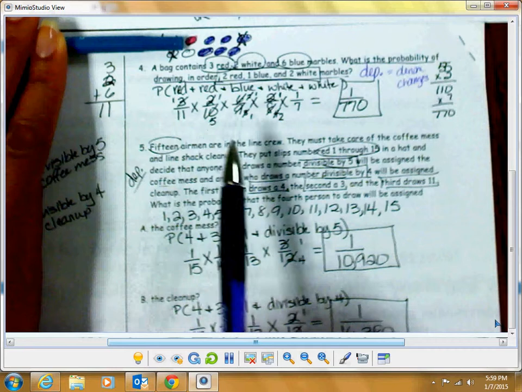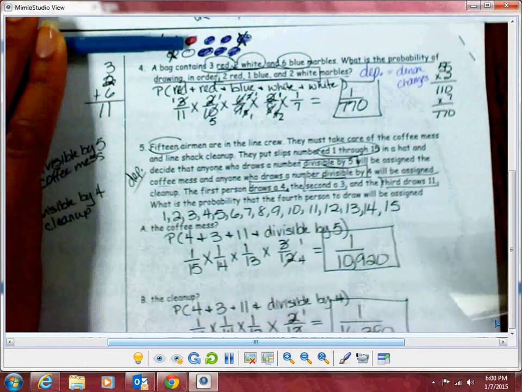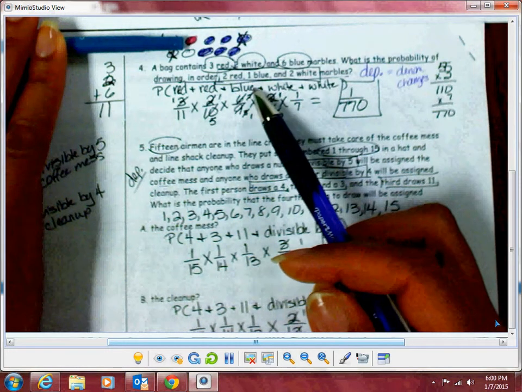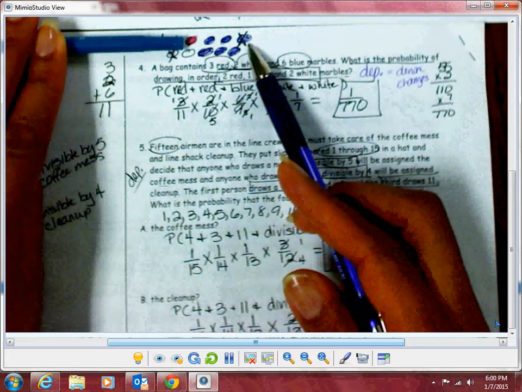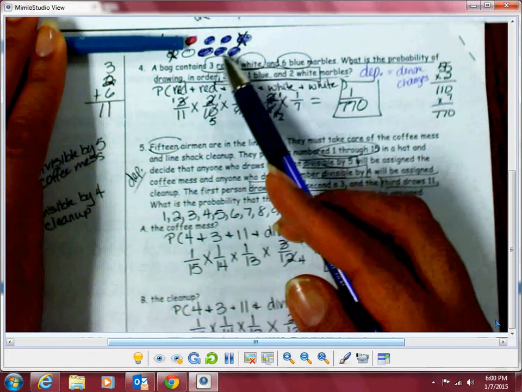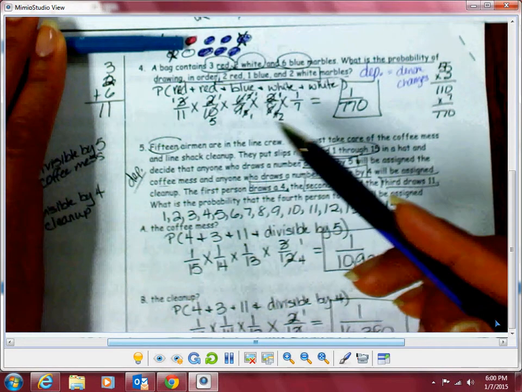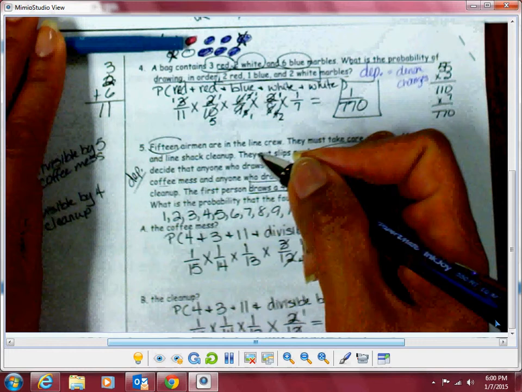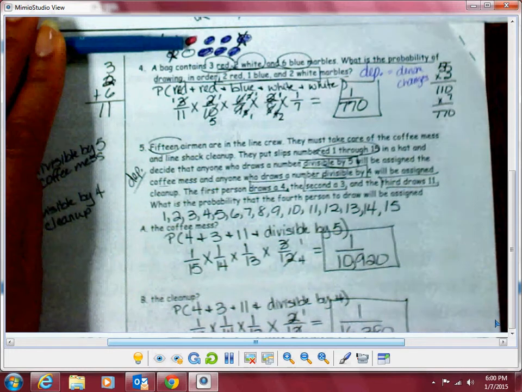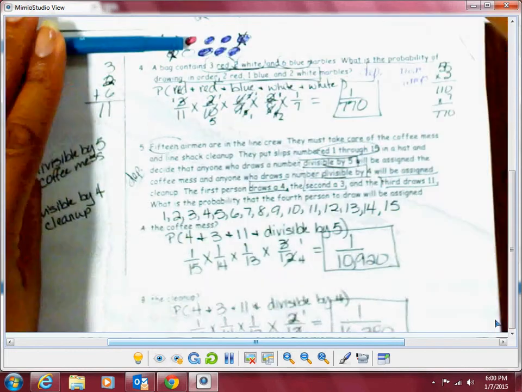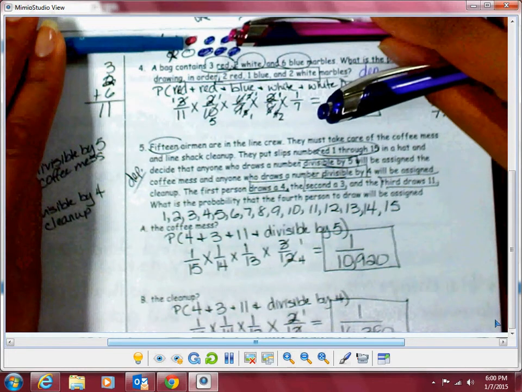Okay, now I've got 9 left that we can see all together. This time I want a blue. I have all 6 of the blues here. So that's why we had 6 ninths. But it tells me I'm going to take this blue and I'm not going to replace it.